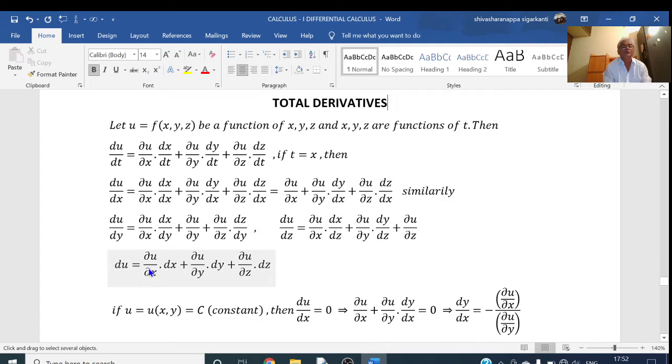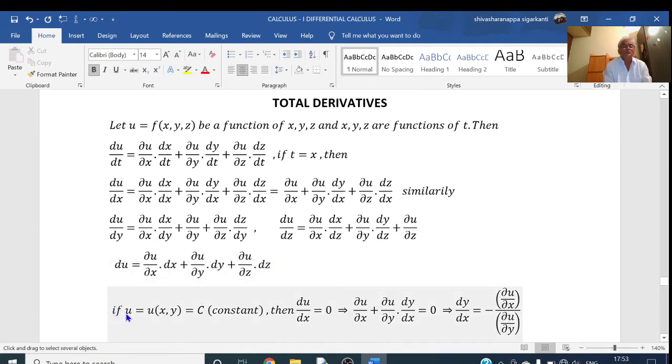That is, du can be written like this. Here u is a function of x, y, z. Then the differential du can be written as dou u by dou x into dx plus dou u by dou y into dy plus dou u by dou z into dz.